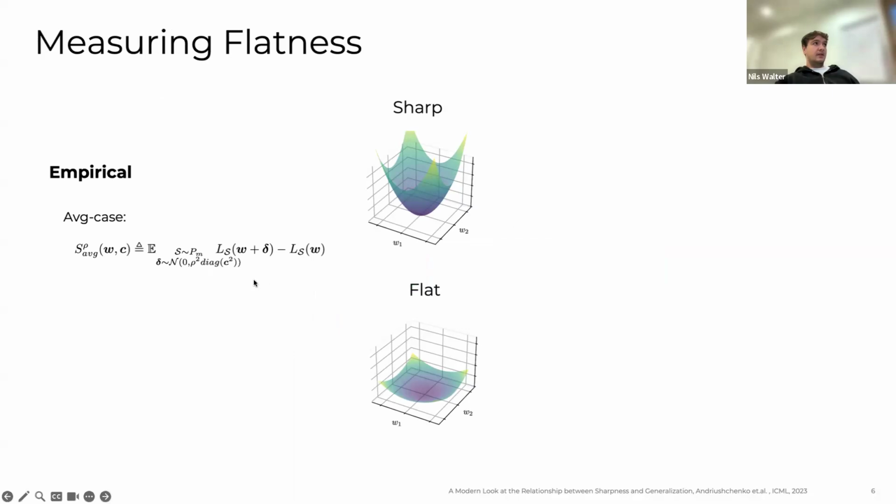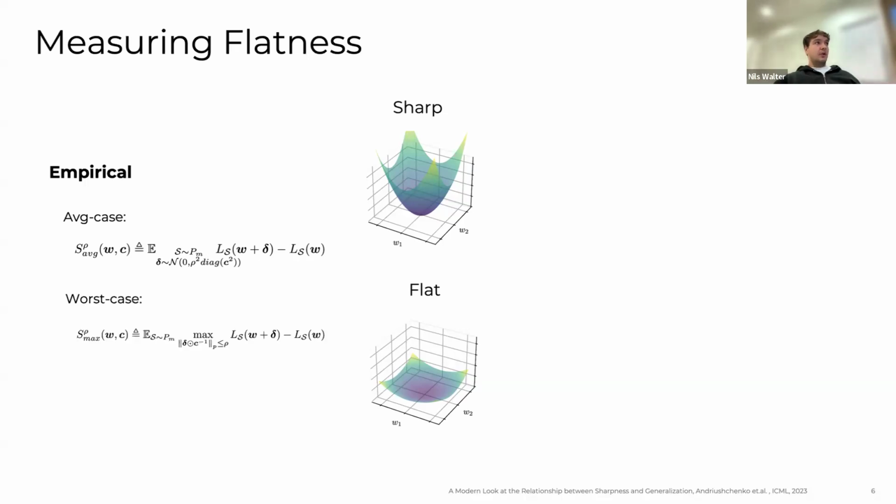In this formula, you first assess the loss with respect to the weights you're currently at, and then you start sampling in your neighborhood of these weights, in this case from some normal distribution. The intuition is that if you are at a certain position and I sample points and the difference between these points is minimal, then it's actually flat.